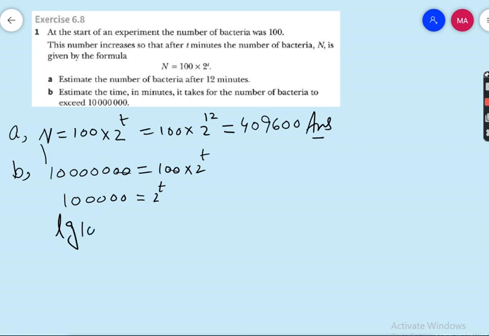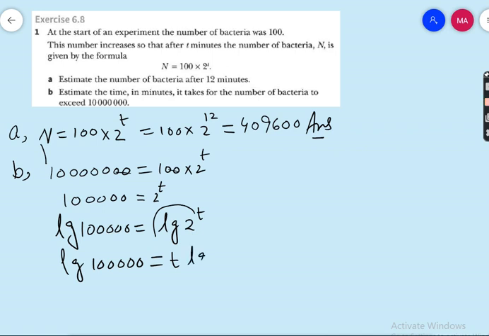So lg 12345 is equal to lg 2 power t. The rule of logarithm is that the power always comes before the log. So t lg 2.